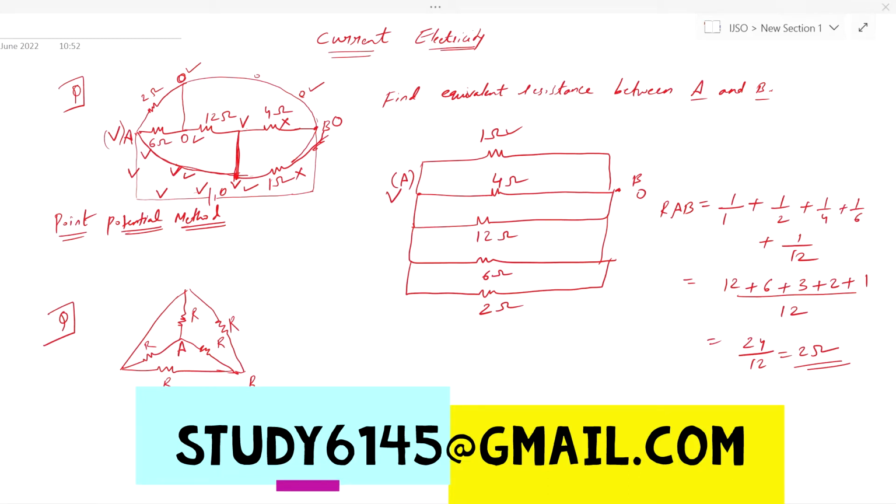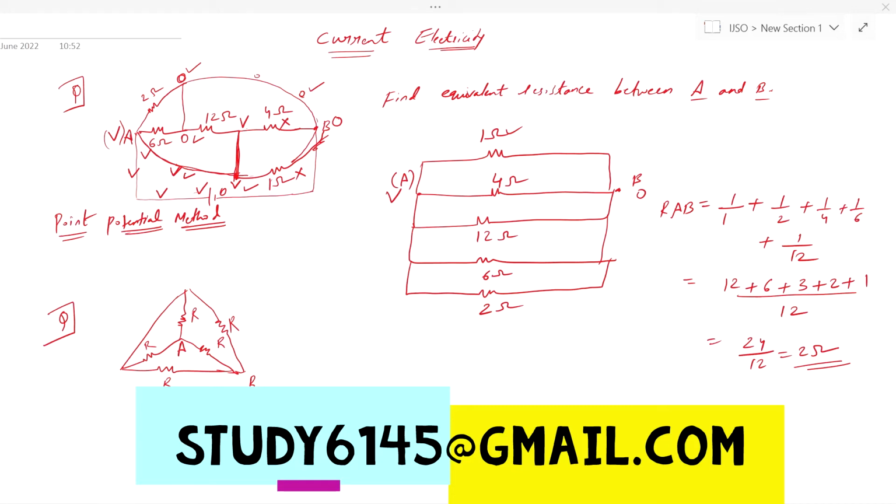But why did we need the point potential method? Couldn't we have done that normally? How will you do it normally? Just tell me. Draw it as a circuit, find all the parallel ones, add them up one by one. But you should know which are series and which are the points of same potential. Then you will apply that this has to be parallel or this has to be series.